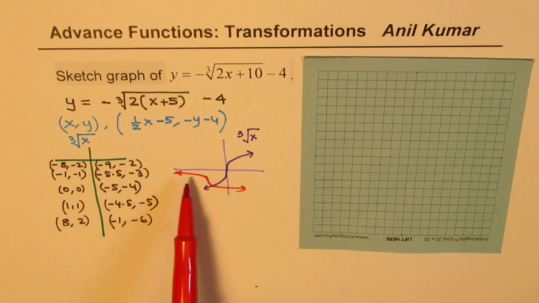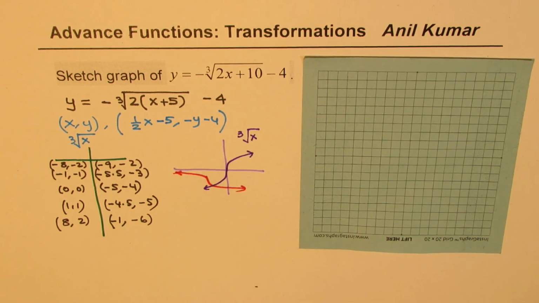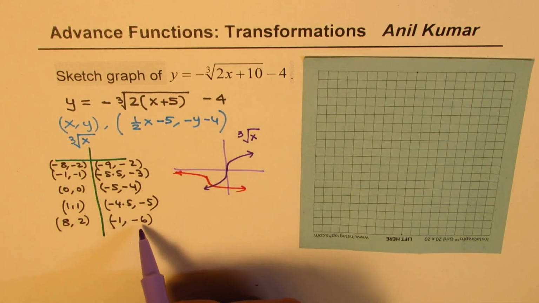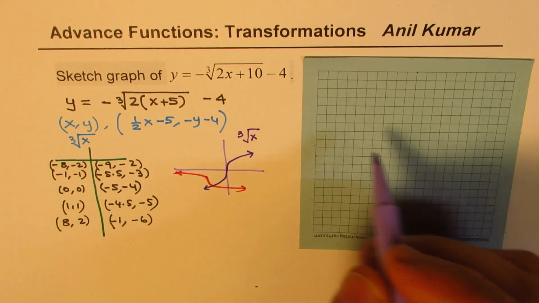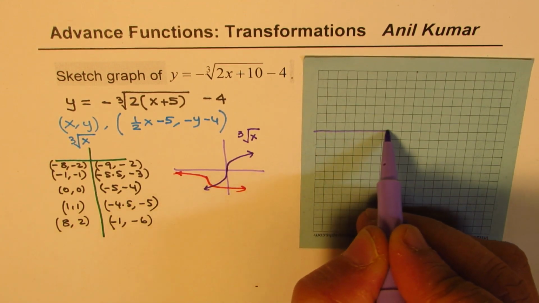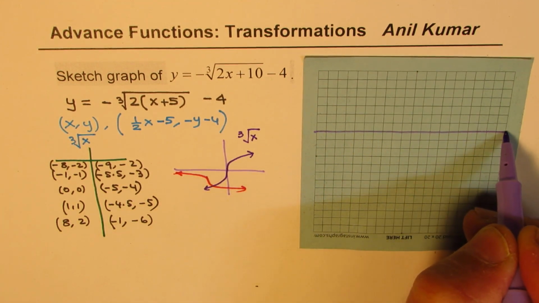But that is the kind of graph we are looking for on this graph paper. Since everything is negative, instead of making the x-axis line here, we'll go slightly up since I need -6 also. Okay, so let me just sketch the x-axis kind of here.